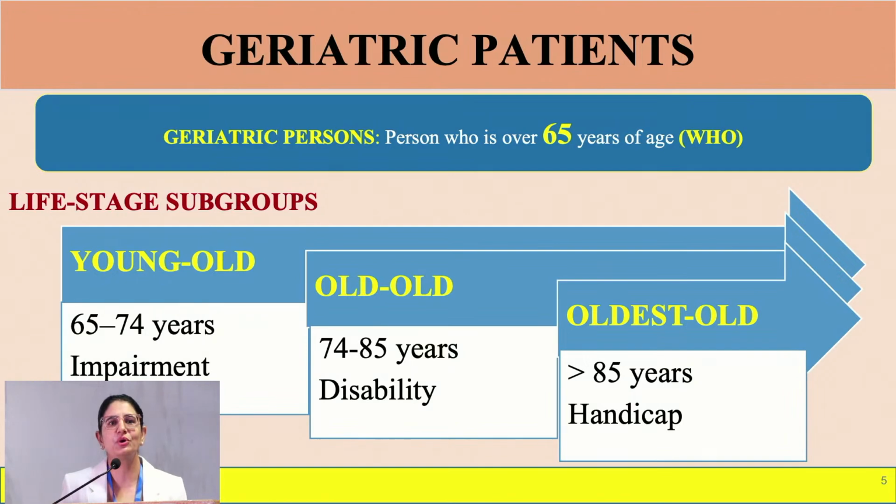How can a person be old and young at the same time? However, within the geriatric population, this is the accepted terminology: the young old are from 65 to 74, the old are 74 to 85, and anybody above 85 is the oldest old. This is a classification to understand functionality.